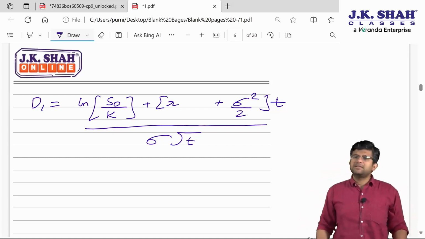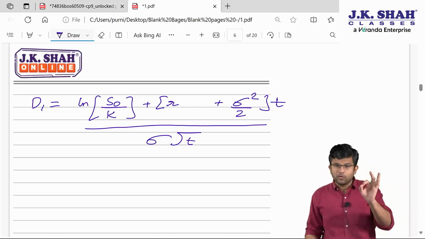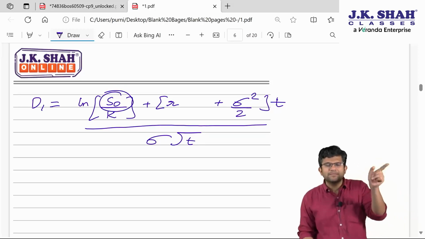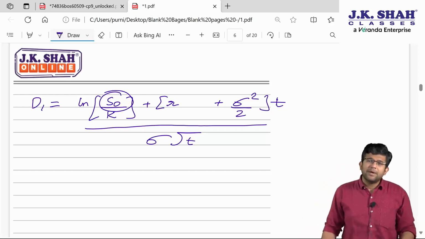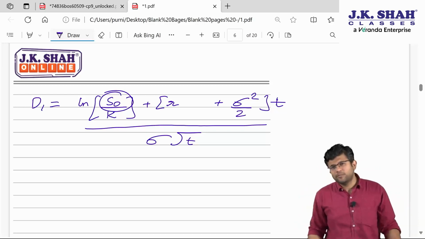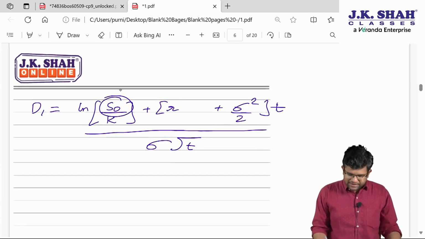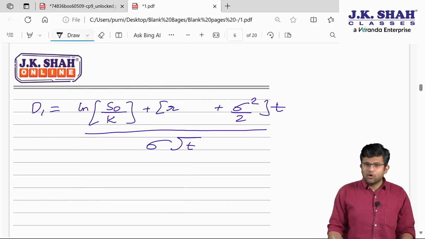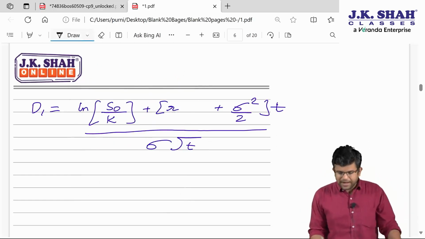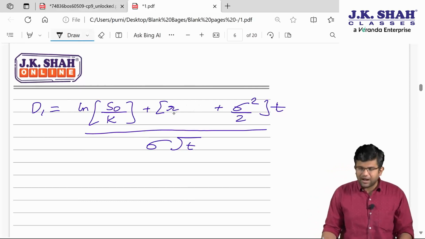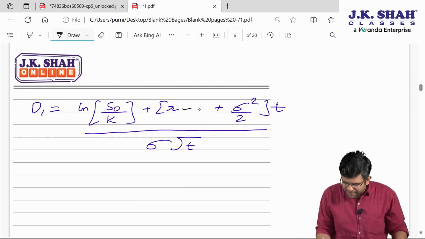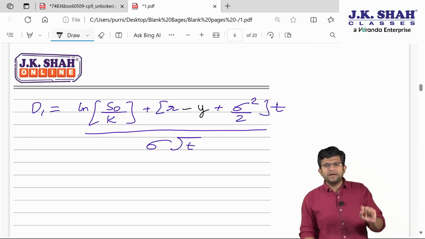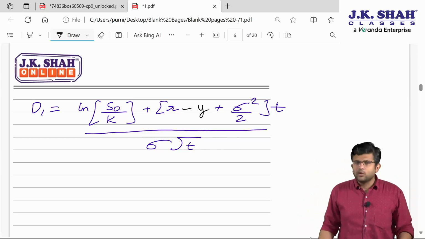Now if dividends or the yield was given to you in terms of rupees, we would have adjusted the S0, we would have said S0 minus present value of income. But since here it is not given in terms of rupees, it is given in terms of rate, then where will we change? Students, we will be changing it not here at S0, but instead on the second half of the numerator where R is there, instead of R we'll write R minus Y.